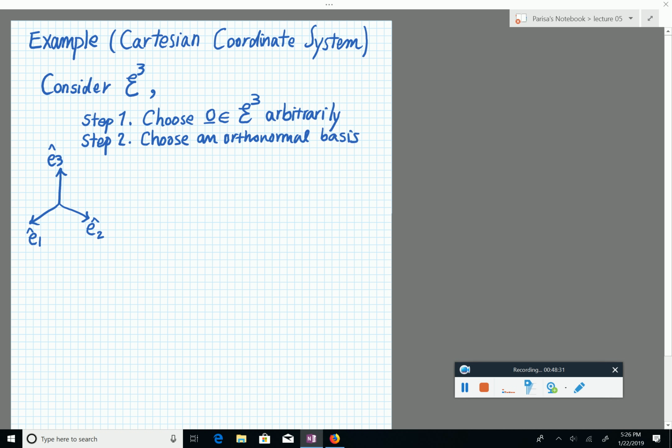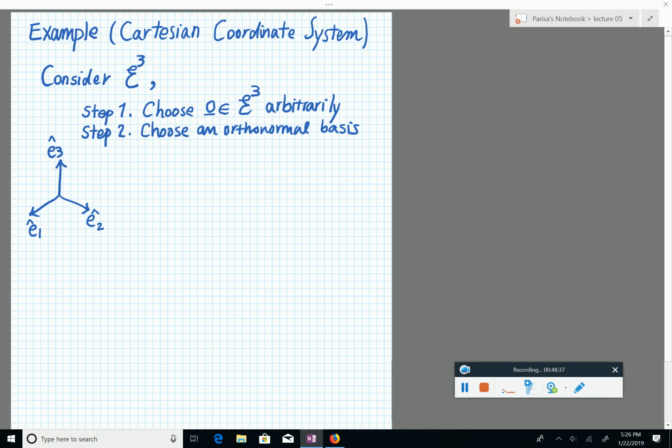And then we need to define coordinates. So to define coordinates, I forgot to draw the point O. I have the point O. I take some other point X, and this is what I want to define.